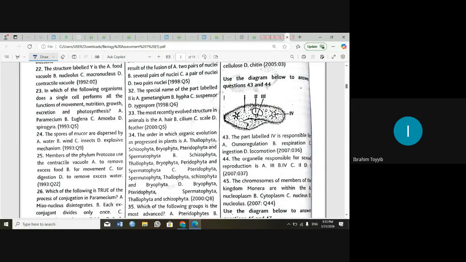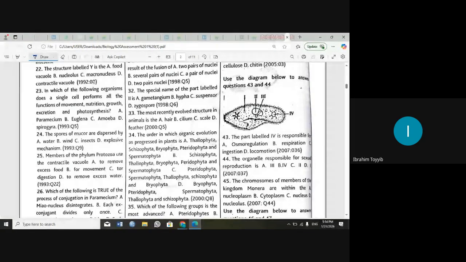The one that is bigger is the one at the bottom here. Can you see my arrow? This one that is smaller is used for sexual reproduction and is called the micronucleus. The one that is bigger is called the macronucleus, the big nucleus.